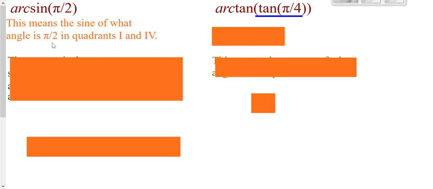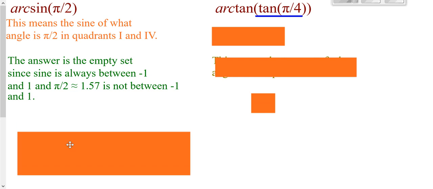Divided by 2 would be a little bit more than 1.5. But the sine of anything is always between 1 and negative 1. So it would never get to 1.5. Or if you remember, sine of anything is always between 1 and negative 1 because your sine graph goes from a height of 1 to a depth of negative 1. It would never reach a height of 1.57 or pi over 2.